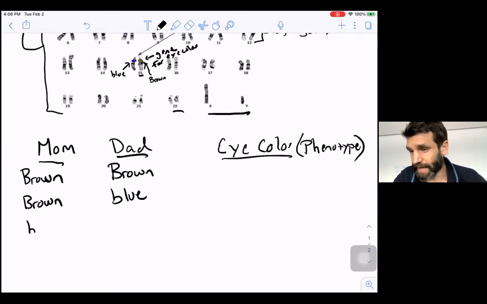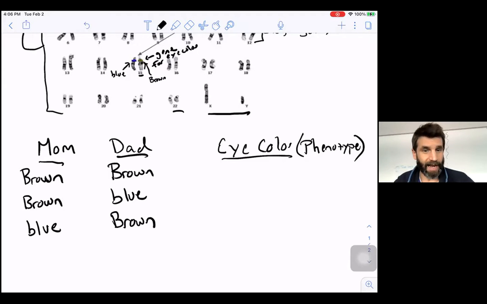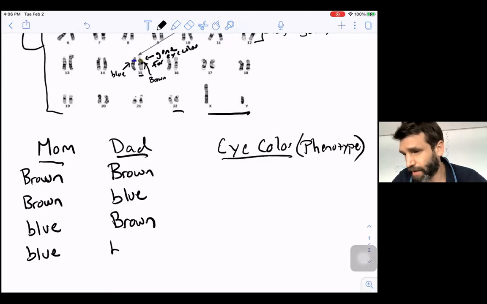Another possibility is we could have gotten the blue-eyed version of the gene from our mom and the brown-eyed version of the gene from our dad. Or the final is we got a blue-eyed version of the gene from our mom and a blue-eyed version of the gene from our dad.